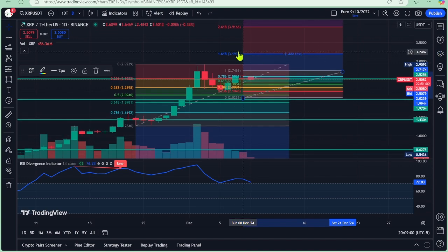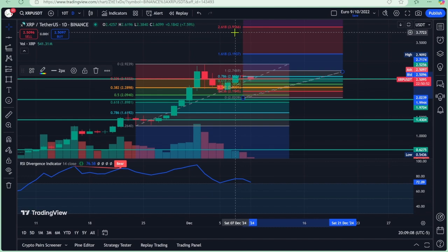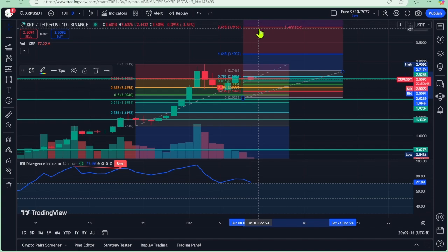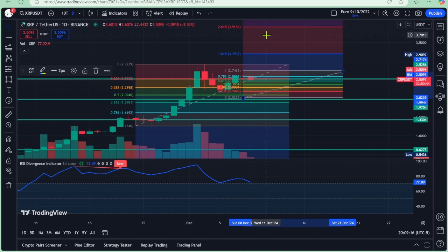If it gets this close, it might just tip up to $4 because the market also likes round figures. So $3.91 is close enough to $4, so it might hit the $4 before it bounces back and then starts falling off again, trying to find traction before it can keep going higher.